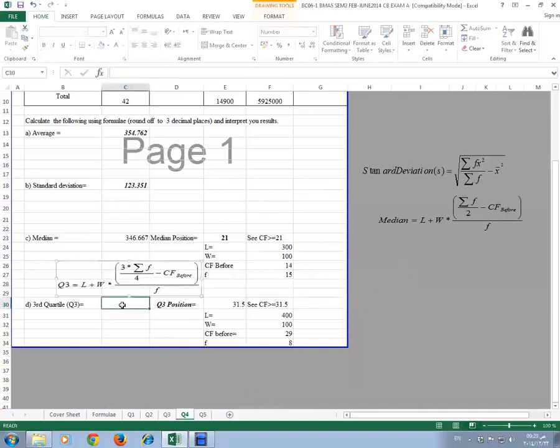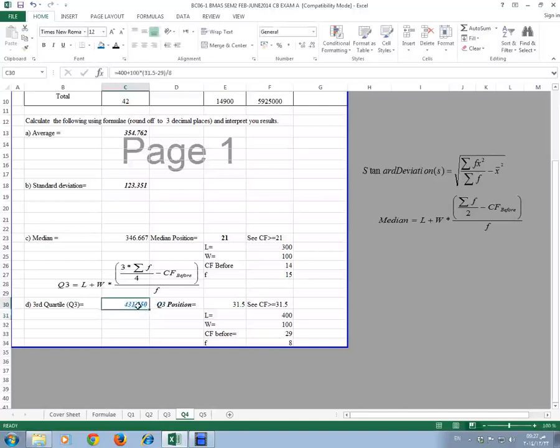It is equal to L, we know it is 400, plus W, here is 100, multiplied by open bracket, 3 multiplied by sigma f divided by 4, it is the position, which is 31.5, minus CF before, which is 29, then close the bracket, divide by f, which is 8, and then press enter.